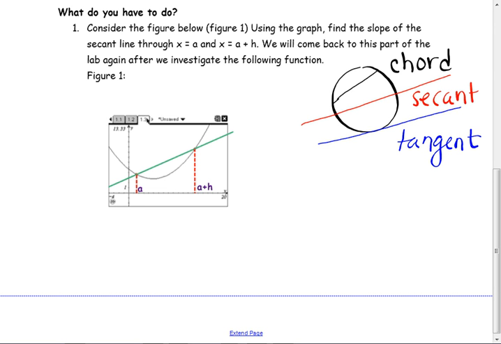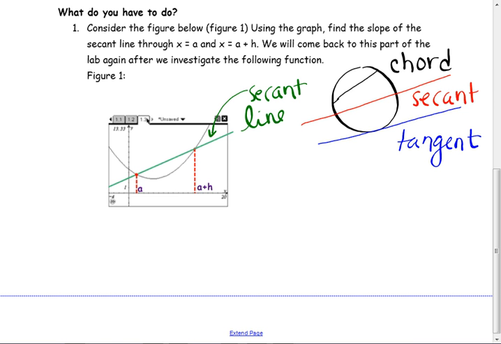So this green line right here, that's my secant line. And you need to know that because I'll refer to a secant line all the time when we review derivatives. So all a derivative is, is the slope of a tangent line. But I only have, unfortunately, 1 point. So here's my x value.